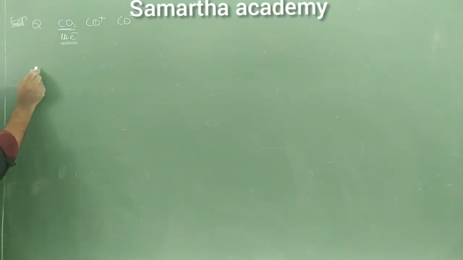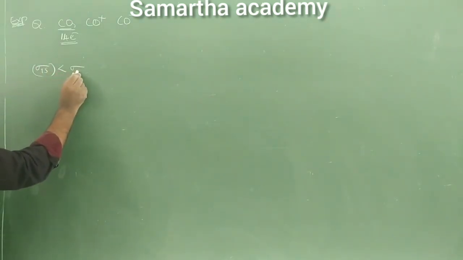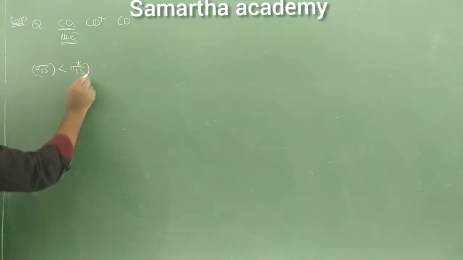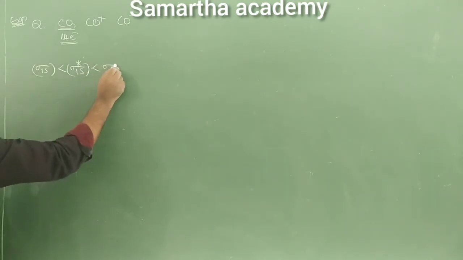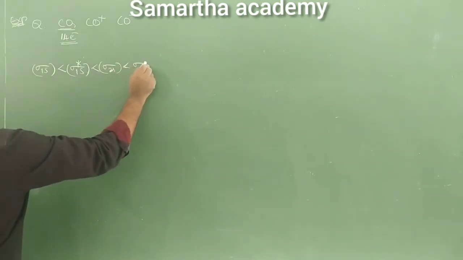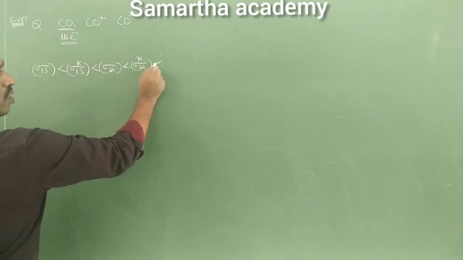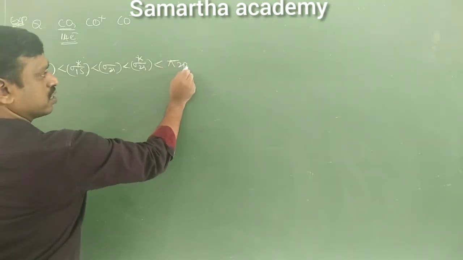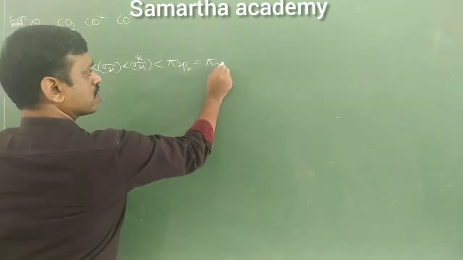Can you tell me for 14 electrons, tell me sigma 1s, sigma star 1s, come on, sigma 2s, sigma star 2s, pi 2px, pi 2py.